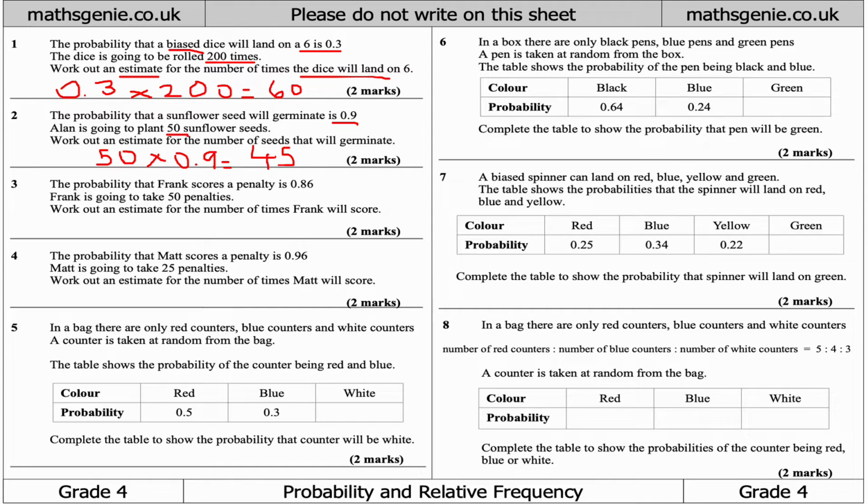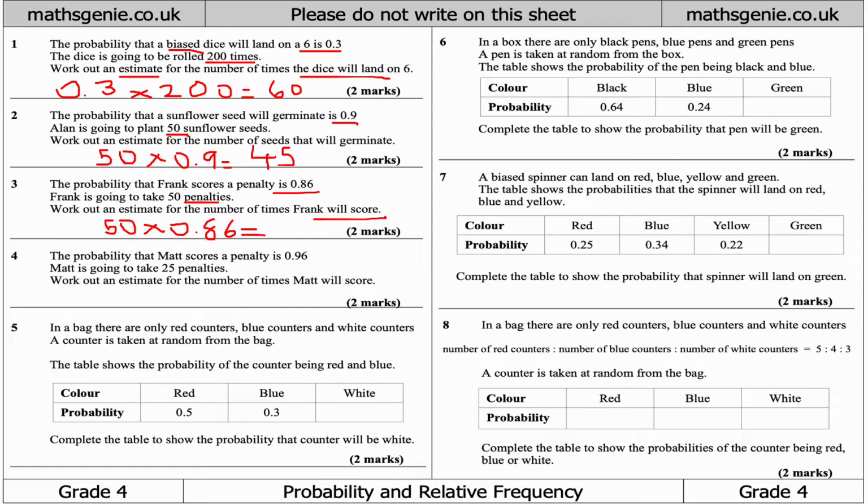This is question number 3, guys. The probability that Frank scores a penalty is 0.86. Frank is going to take 50 penalties. Work out an estimate of the number of times Frank will score. Well, 50 multiplied by 0.86. There's a little trick here.